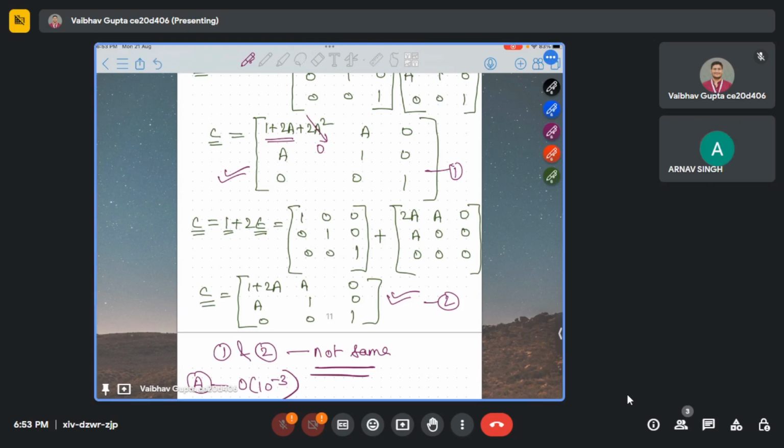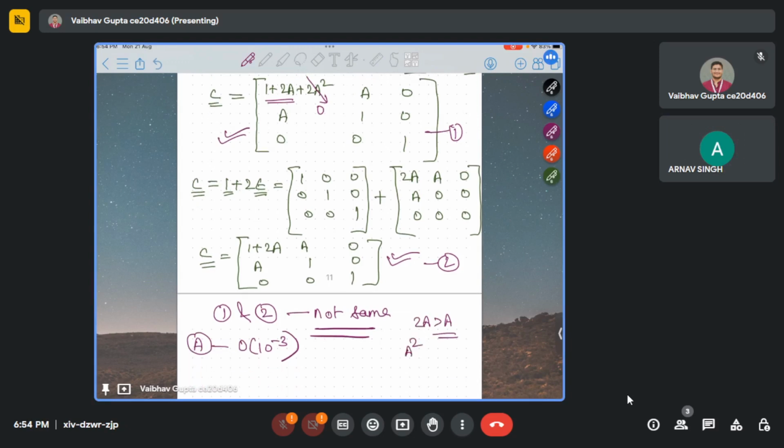Yes, it's valid, until it's not going towards 10 to the power minus 5. It's not decreasing. See, multiplying with some greater number will increase the value, no? See, 2A is greater than A only, no? So why will we neglect it? But A square is smaller than A. You are getting the point?